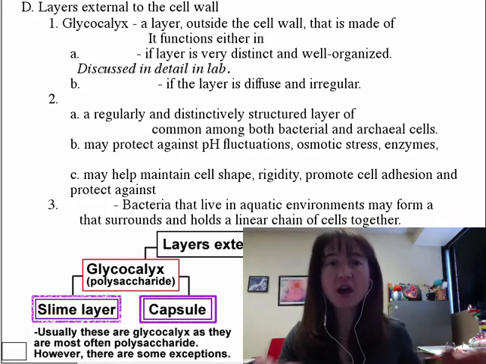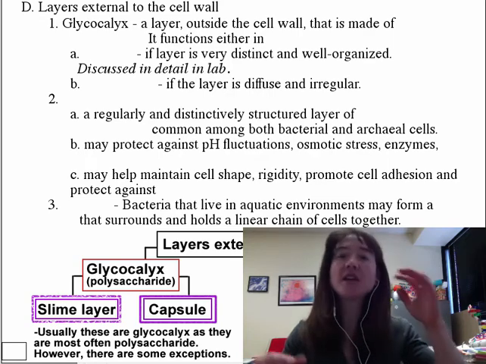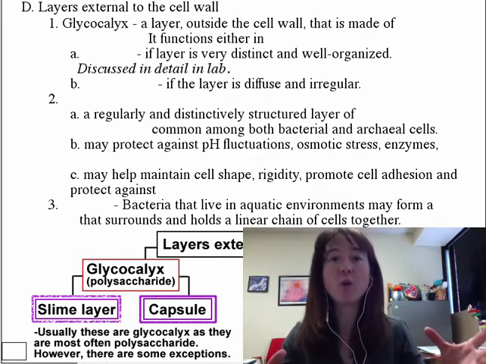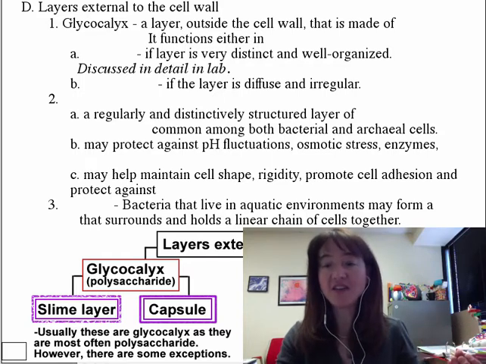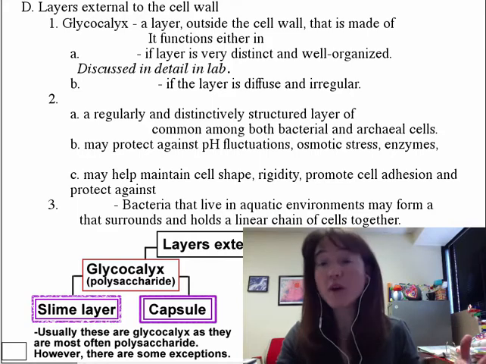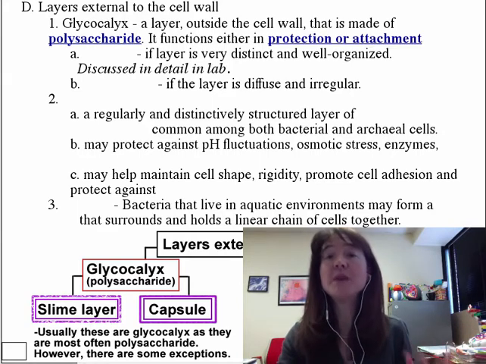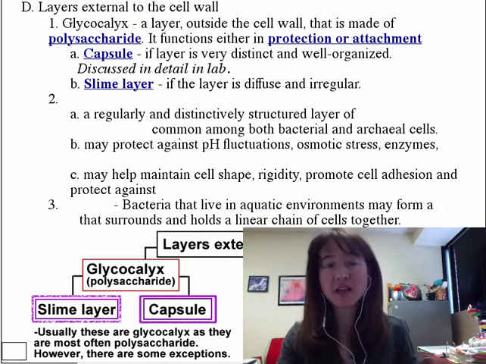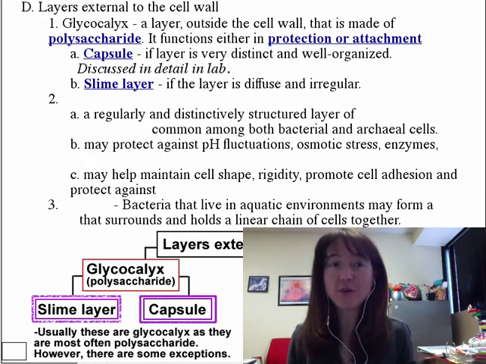Glycocalyx is a broad term to say that there's generally a carbohydrate, a polysaccharide layer outside of the cell wall that is very, very protective. Glycocalyces, that is plural, can take more than one form. They can be either a capsule or a slime layer. And in both cases, they're very protective.